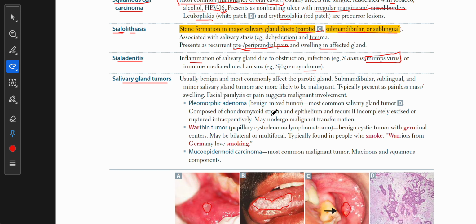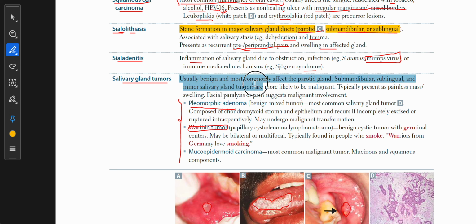In salivary gland tumors, there are different types, but we have to remember specific ones, and those include pleomorphic adenoma and Warthin tumor. These 2 tumors we have to remember at any cost. Salivary gland tumors are usually benign and most commonly affect the parotid gland. Warthin tumor is exclusively a tumor of the parotid gland.